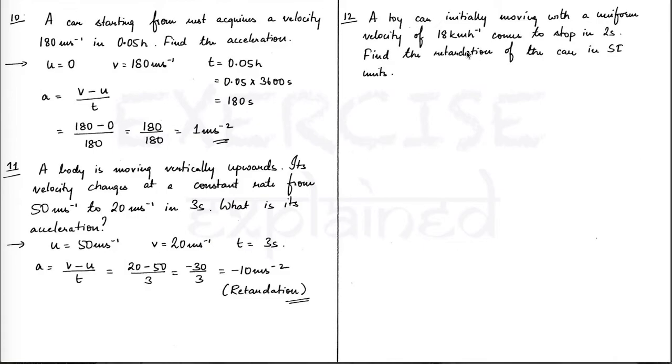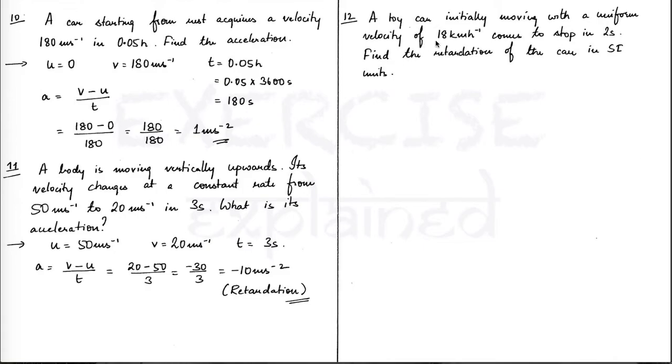So initial velocity is given as 18 kilometers per hour, comes to stop in 2 seconds. So final velocity will be 0. Time is 2 seconds. So time taken for it is 2 seconds. Find the retardation of the car in SI units.